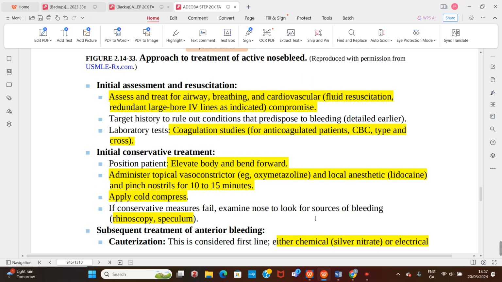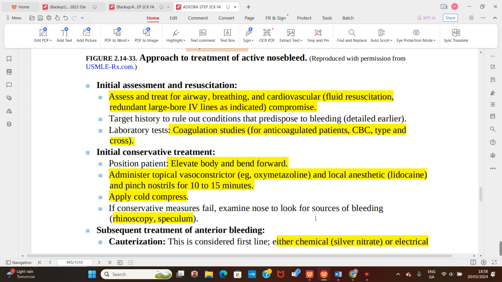You want to apply a cold compress. And at the same time, you also want to administer topical drugs like oxymetazoline for vasoconstriction or local anesthetics like lidocaine. So you give your vasoconstrictor to reduce blood flow to that area, and you pinch the nostrils bilaterally for 10 to 15 minutes.